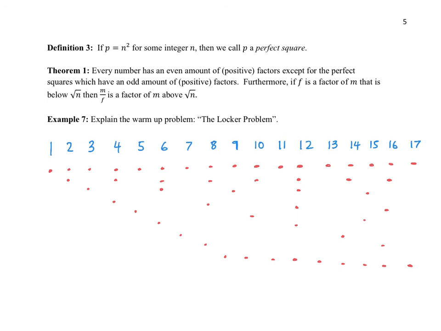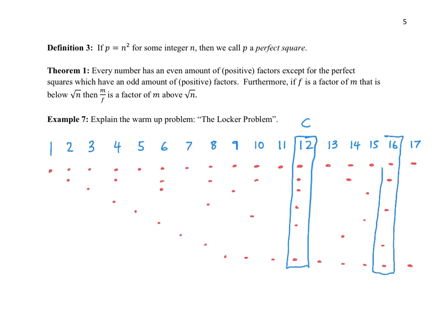Okay, now would 12 be an open locker or a closed locker? Well, we changed the state starting at closed 6 times. So we opened and closed it, opened and closed it, and opened and closed it, so it's closed in the end. However, a locker like 16, if we look at 16, it's been changed an odd number of times. So it ends up being open.